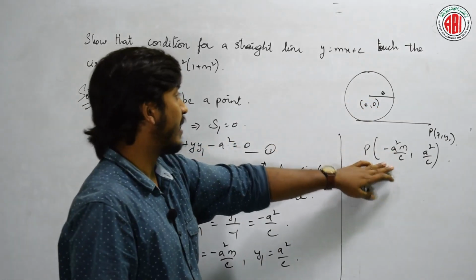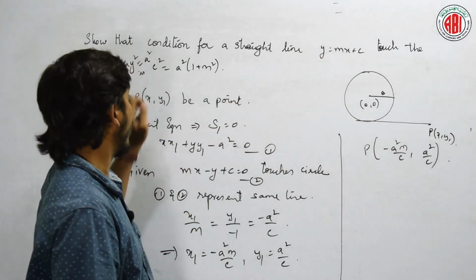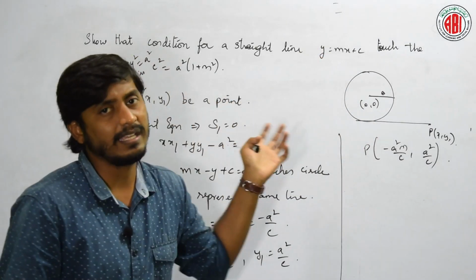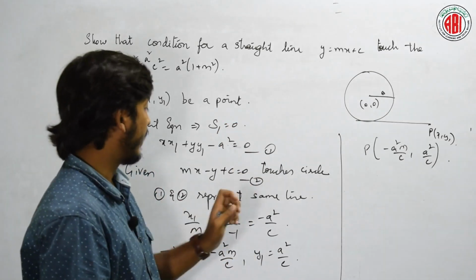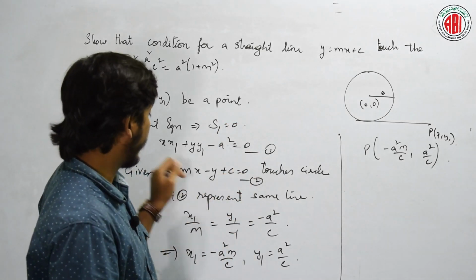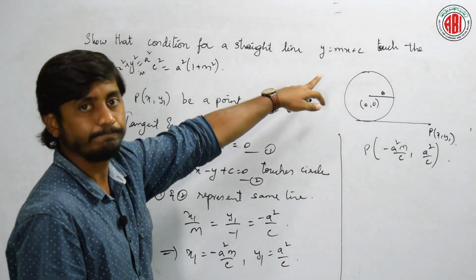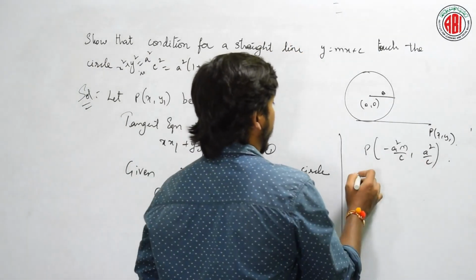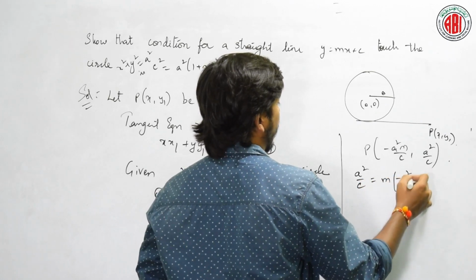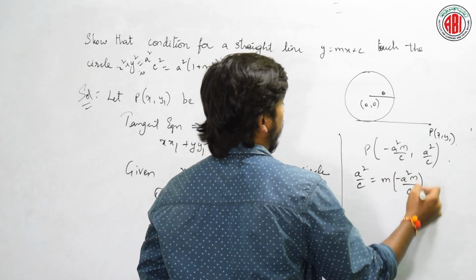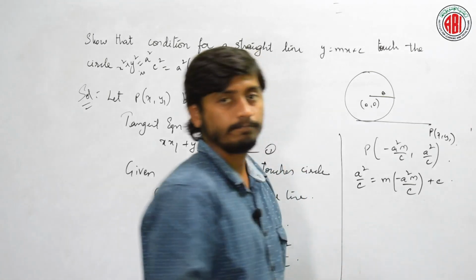So, we can substitute this point either in this equation or in the circle equation, anything is fine. Let us substitute that point in that equation. Then we will get a square by c is equal to m into minus a square m by c plus c. Clear?